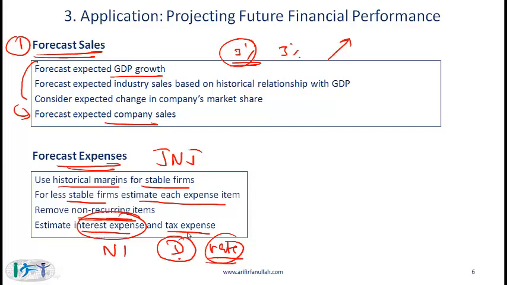With tax expense, we need to have an estimate for the tax rate, and obviously the earnings before tax, which will be calculated based on the forecasted sales and the forecasted expenses. Once we have the EBT and the tax rate, we can come up with the tax expense.